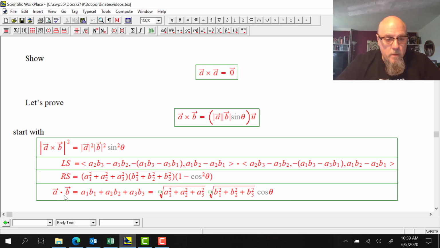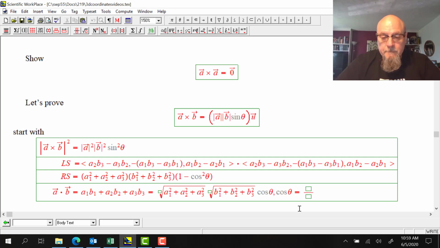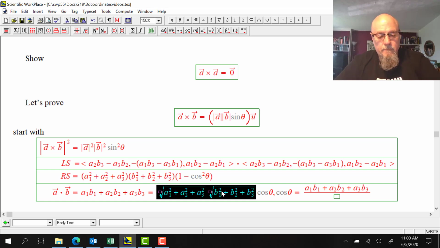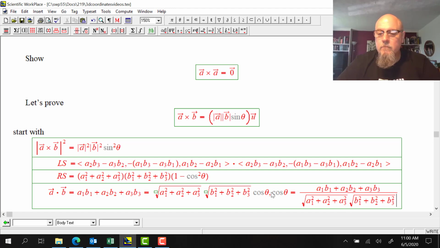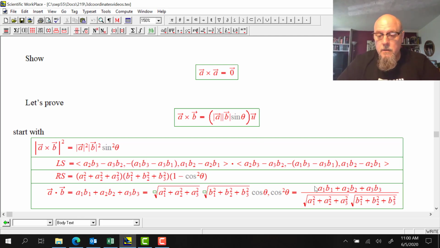That means, since I know this is true, I'm just solving this for cosine. Cosine of the angle between them is equal to the dot product, which I'm writing out component-wise, divided by those two magnitudes. Okay, but I want cos squared. So cos squared is going to be, I'm just squaring both sides of this expression.